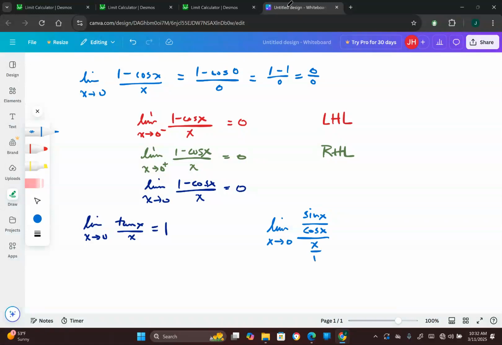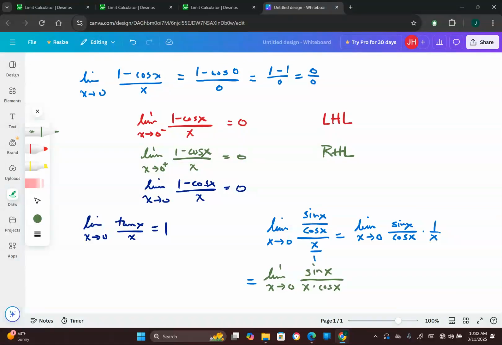Well, now what we're going to do is take the top, which is sine of x over cosine of x, and multiply it by the reciprocal of the bottom, which is 1 over x. I can rewrite this. And again, I haven't applied the limit yet, so I'm still writing the limit notation. This would be sine of x, and the bottom would be x times cosine of x.